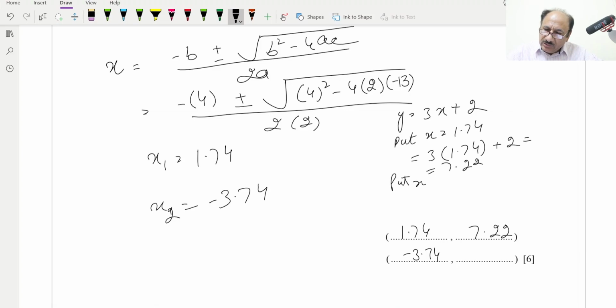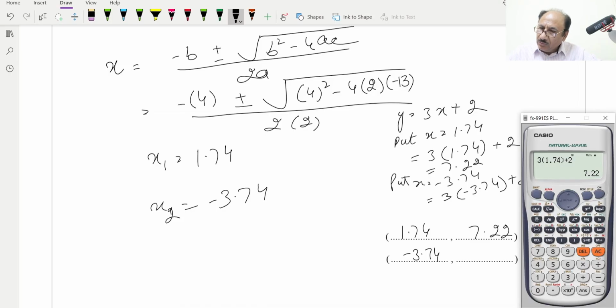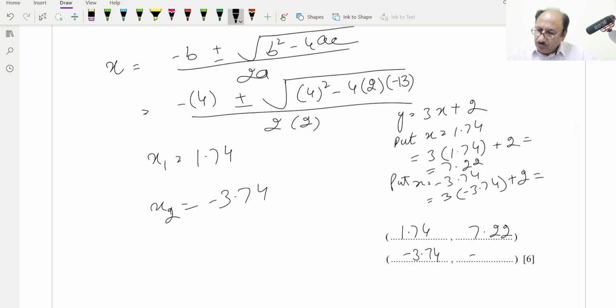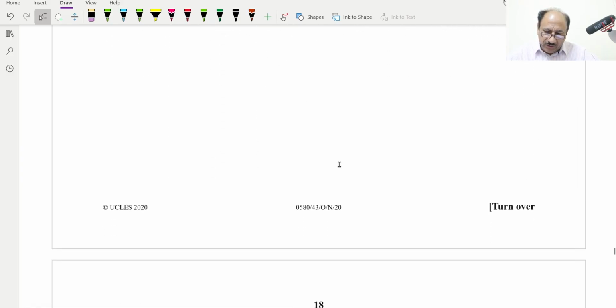Put x is equal to minus 3.74, and 3 into minus 3.74 plus 2 will be equal to minus 9.22. These will be the coordinates of the points which we were supposed to find.